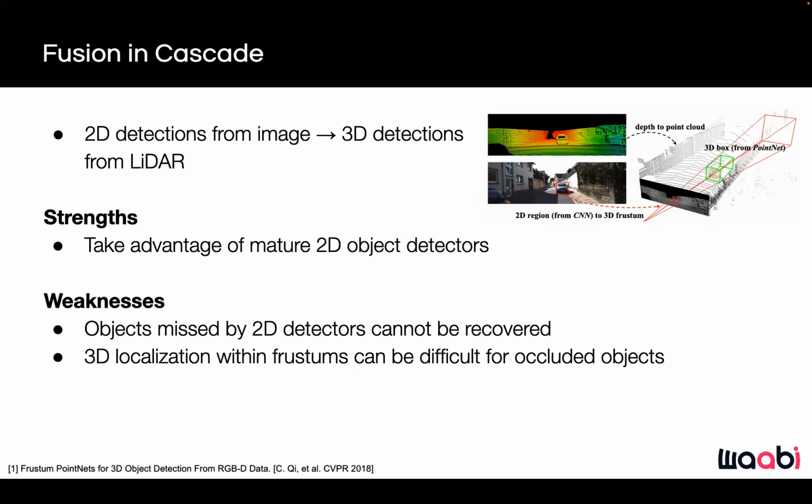This approach can take advantage of mature 2D detectors, which provide high-quality object proposals. Also, in the 3D space, the model only needs to solve the localization task instead of joint recognition and localization. However, errors in the first stage cannot be recovered, and the 3D localization of occluded objects within the frustum is difficult.